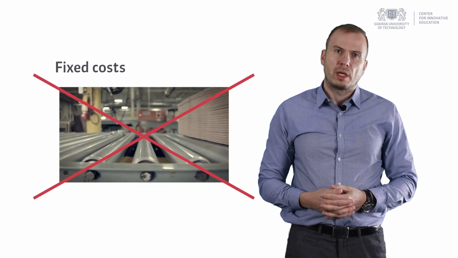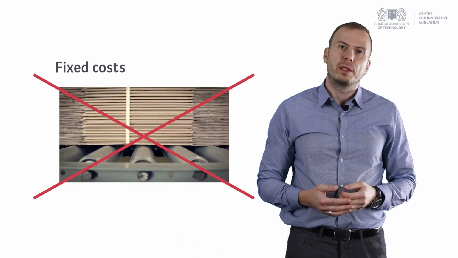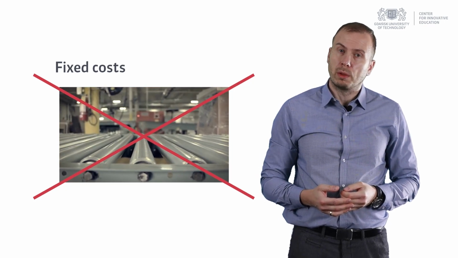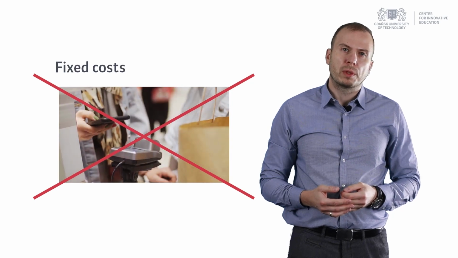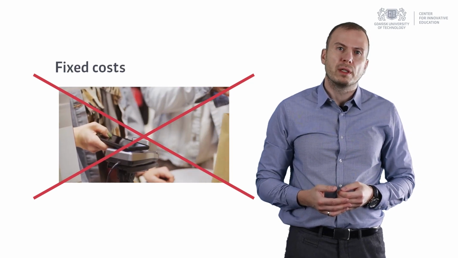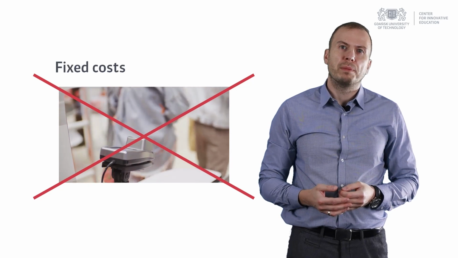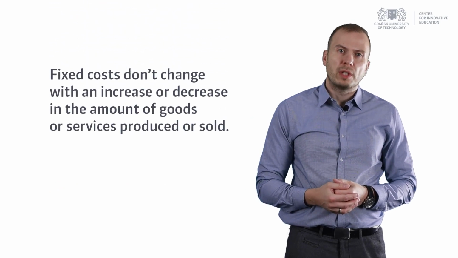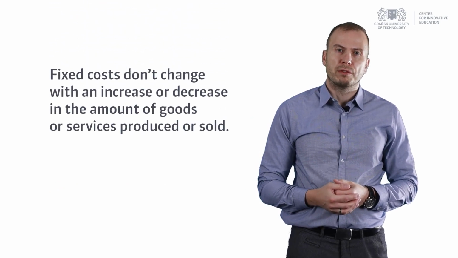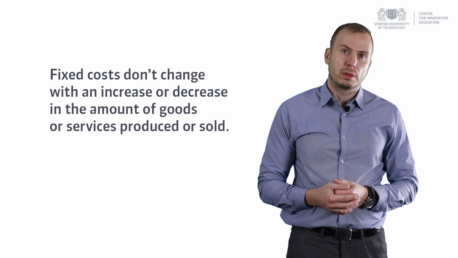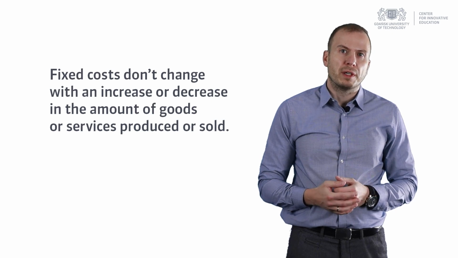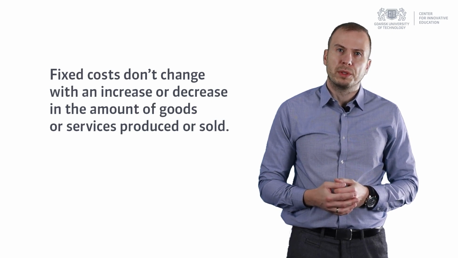Fixed costs are costs that a company incurs regardless of whether it produces something or not, or if it is only a broker and does not produce anything, regardless of whether it buys finished products for resale. Fixed costs do not depend on the production volume or purchased goods for resale. They are incurred even if the company does not produce anything.